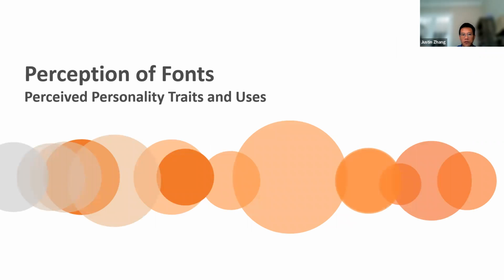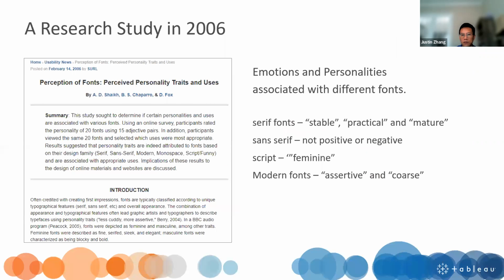So, perception of fonts. How do we perceive fonts in terms of traits and use and personalities? Some existing studies found that serif fonts imply characteristics like stability, predictability, and maturity.